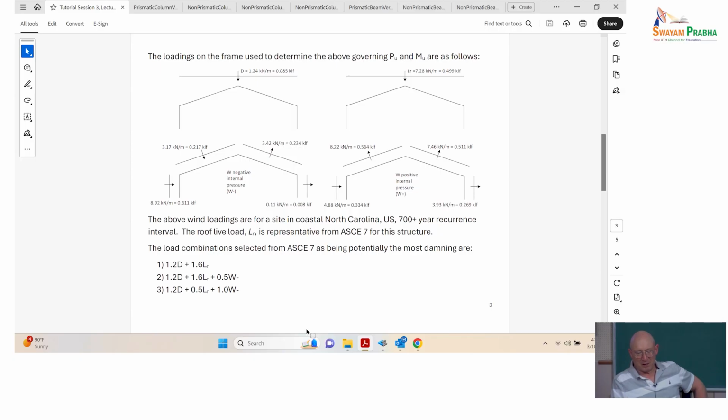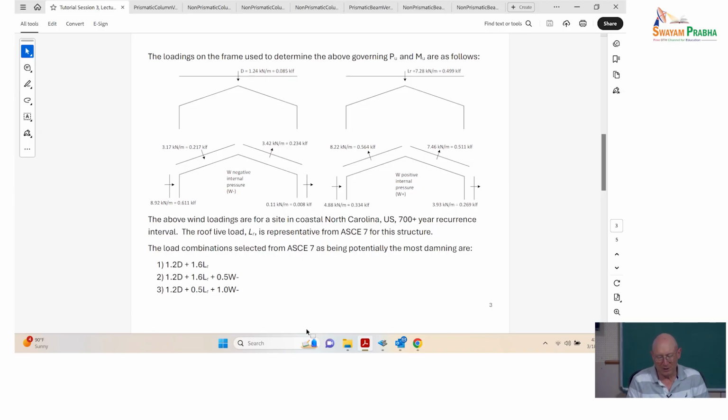Then the next combination is that with wind with a negative internal pressure. And that's going to end up giving us a lot of the largest demands in portions of the frame, but we'll be able to look at envelopes of what we're getting from these load combinations later once Balint has us there, and we'll see that different portions of these members are governed by different load combinations.